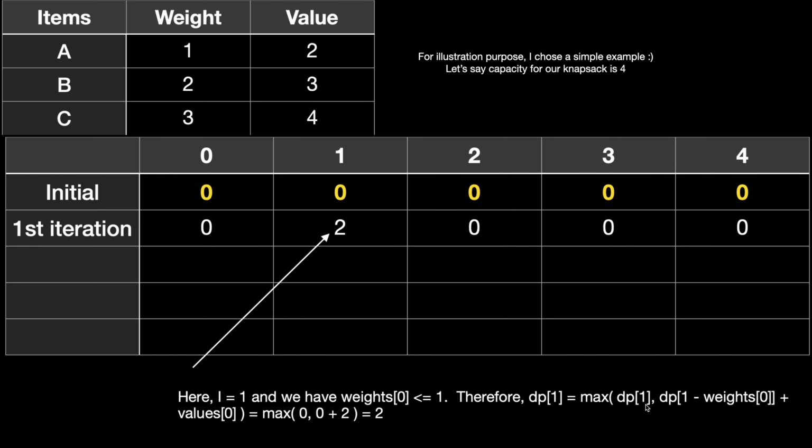So here, dp of 1 would be, what do you think that is? That's 0. And then here dp of 1 minus the first weight, that will be 1 minus 1, that will give us 0, right? And then you have to add values. The first value, that will be 2, and you take the maximum. So that's how you get 2.